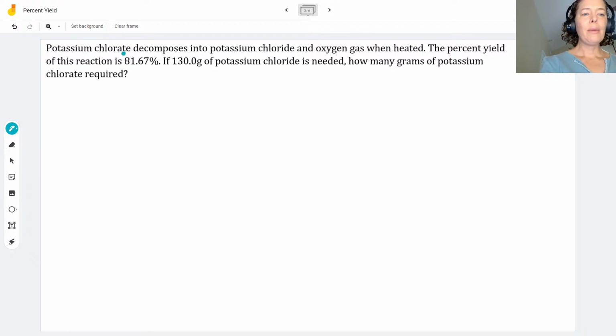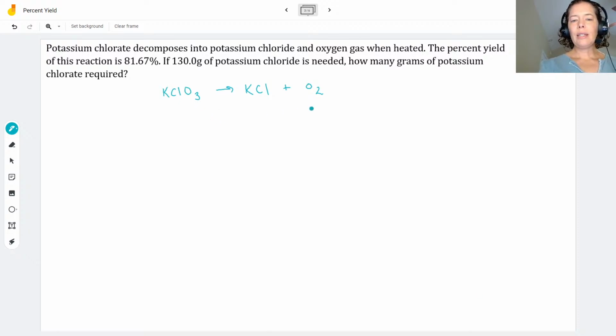Okay, so potassium chlorate is going to be this. It is going to decompose into potassium chloride plus oxygen gas. Now let's balance this equation.